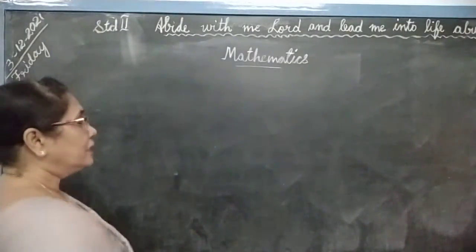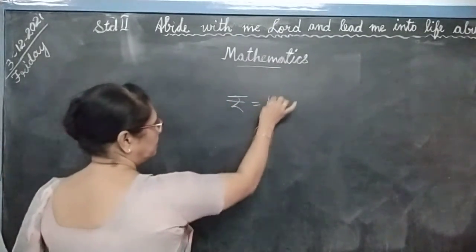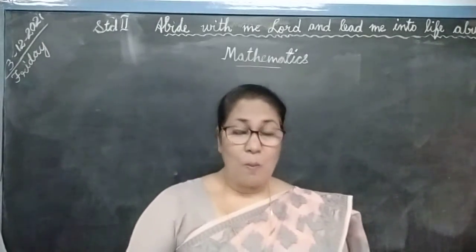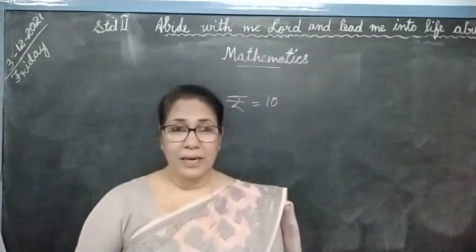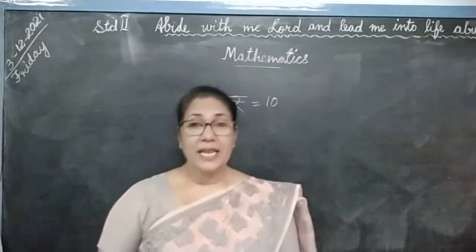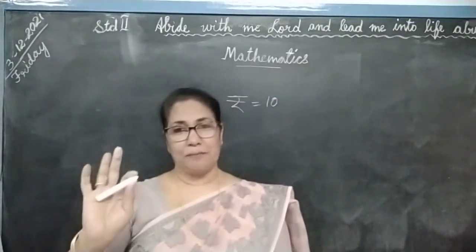Cost of a chart paper is rupees 10. And how much money? See, you won't say how many money. Do you say how many money? How much money did Ankit pay for the chart paper if he got 5 chart papers?